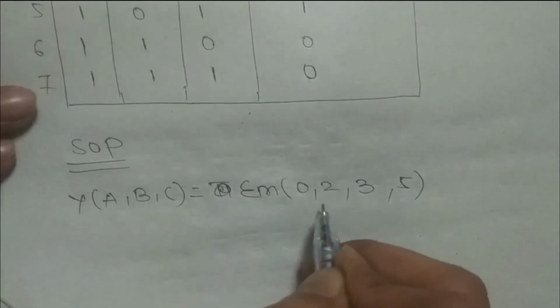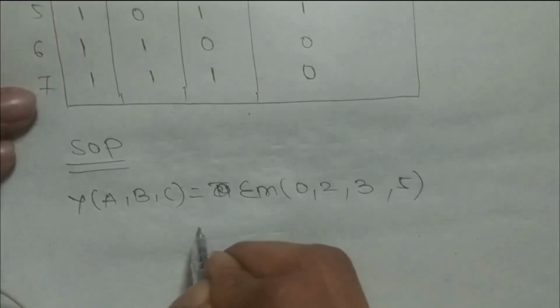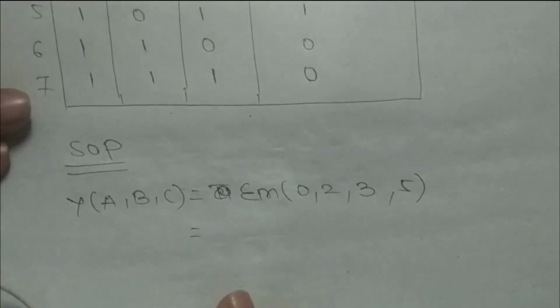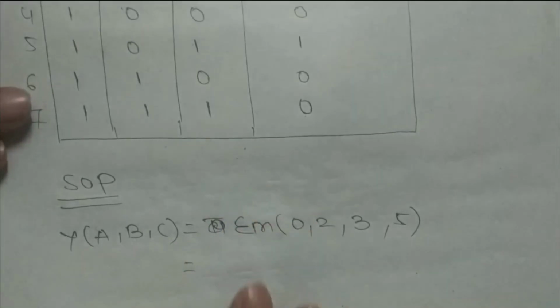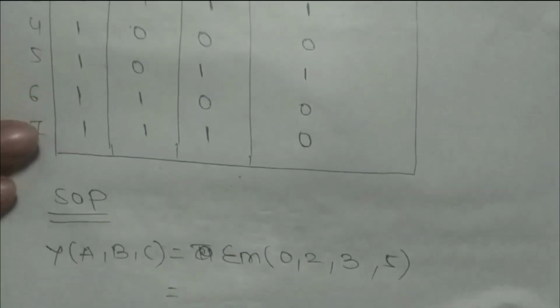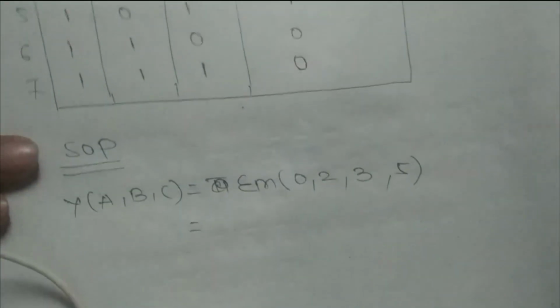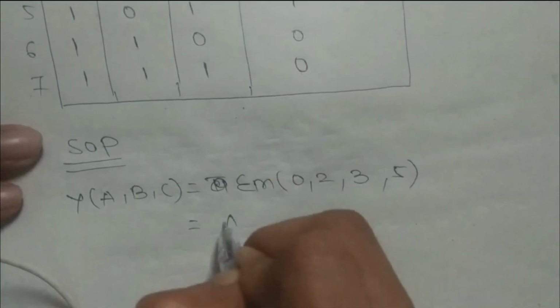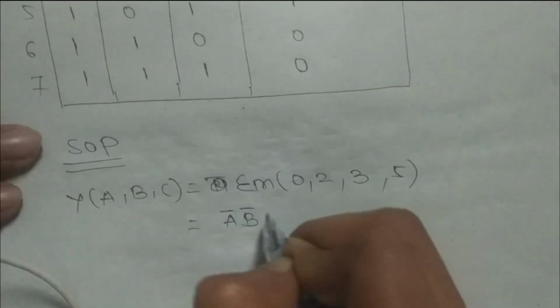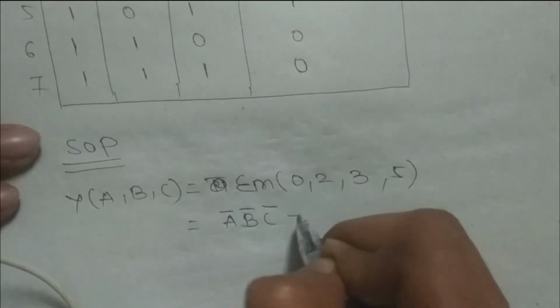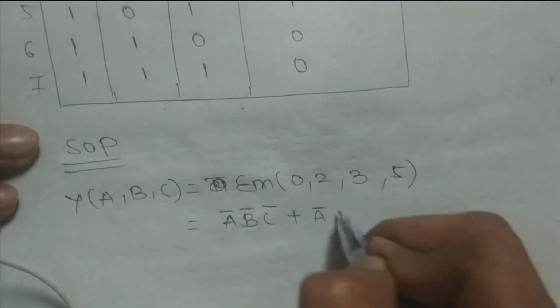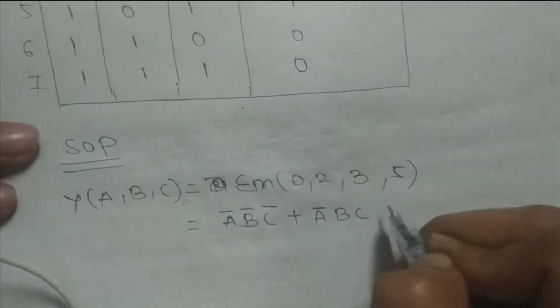How can this be written in terms of the A, B, C variables? For 0 it is A bar, B bar, C bar. For 2 it is A bar, B, C bar.